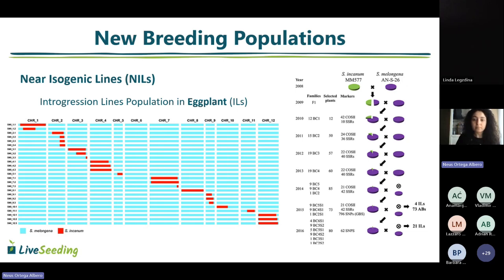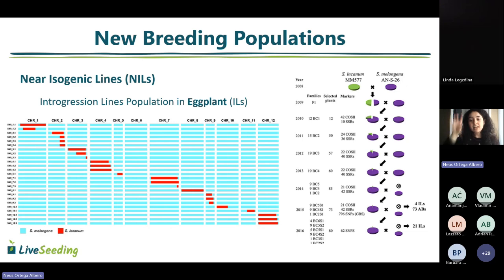For example, I want to introgress resistance to, let's say, a virus. We do the first intercross, and the F1 we backcross to the commercial variety, which did not have the virus resistance.